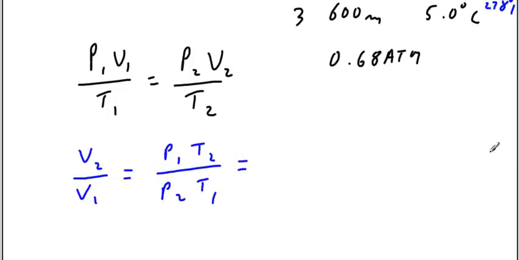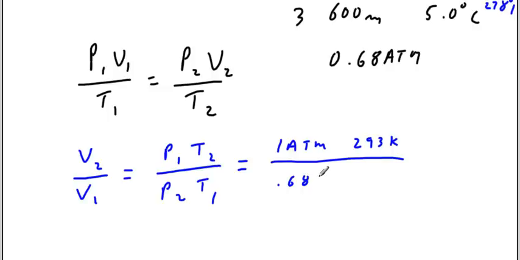Okay. So pressure 1 atmosphere, temperature 293 Kelvin, divided by 0.68 atmospheres, and temperature 278 Kelvin. And when I get done, I get a 1.4 out of that.